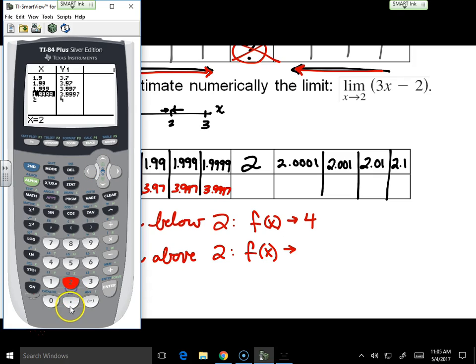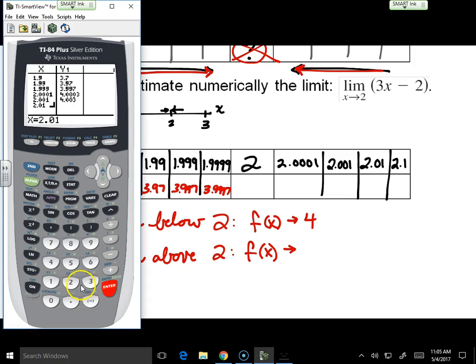Okay, and we'll do 2.000, 1, 2.00, 1, 2.0. Come on.